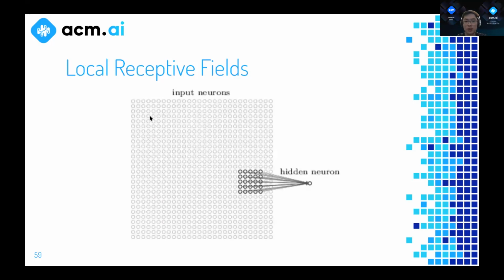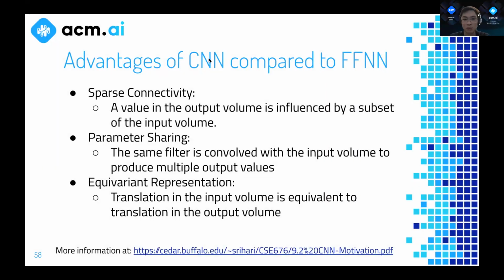We're moving this filter across the entire image to extract a feature map. You can see this one filter is being reused for an entire image input space.